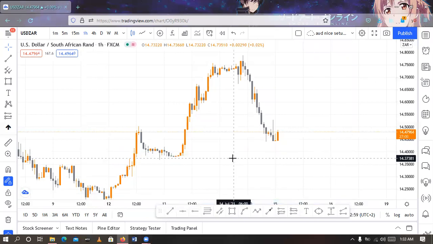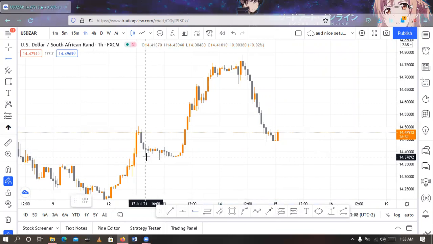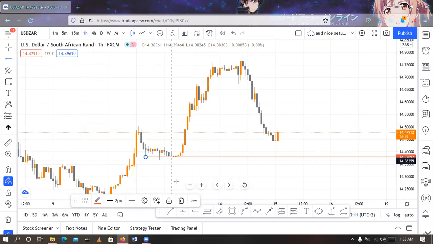Now, even without identifying the previous level and just working on what is happening currently in the market, we can see that we have a previous level of structure here being formed, right? And what could happen is we could get a retest of that level before we see the market push to the upside, right?